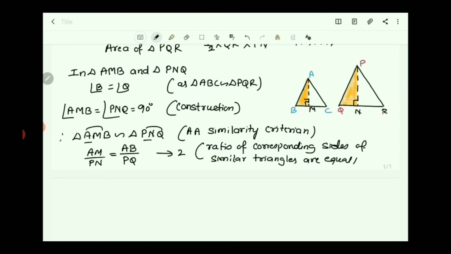So you got AM by PN is equal to AB by PQ, as you proved that triangle AMB is similar to triangle PNQ.